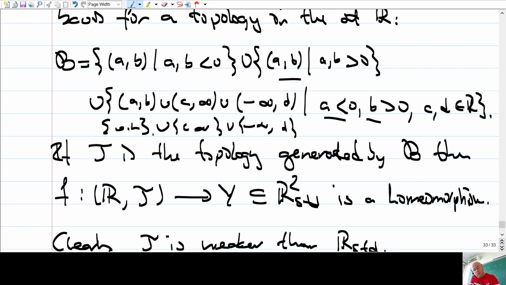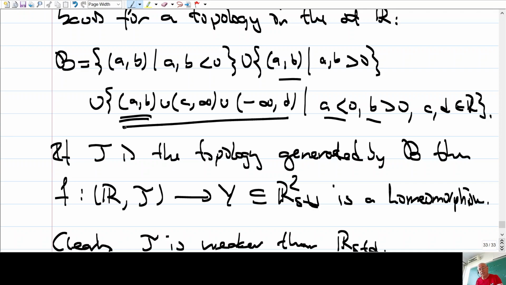So this set is not equal to the union of these sets, because I don't declare that to be open. Okay, that's my choice. I say this is not open. Only this thing is open.